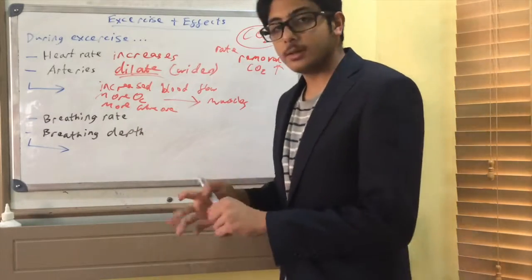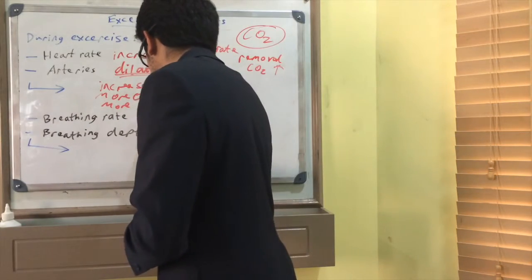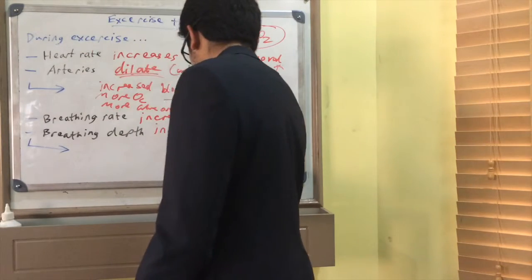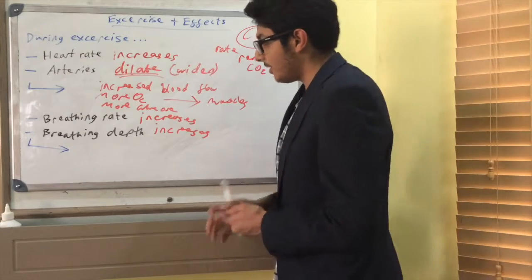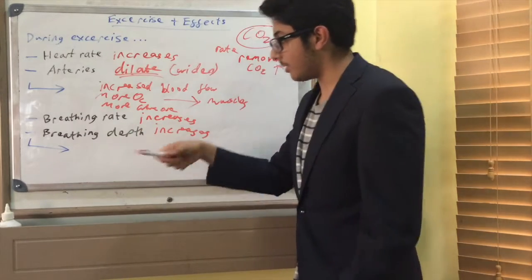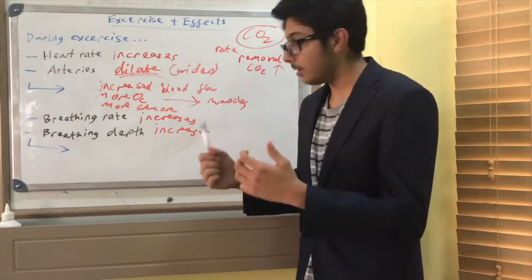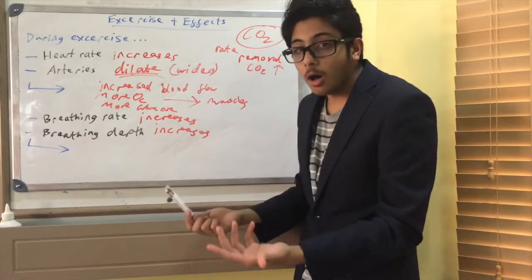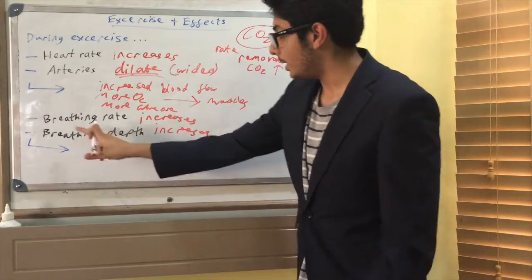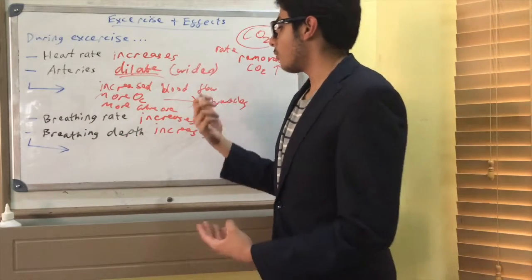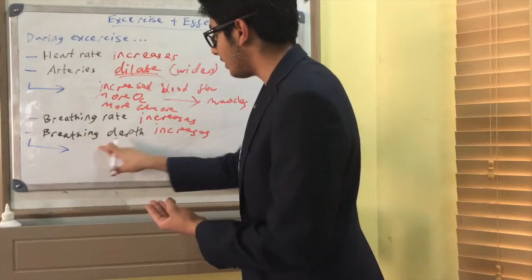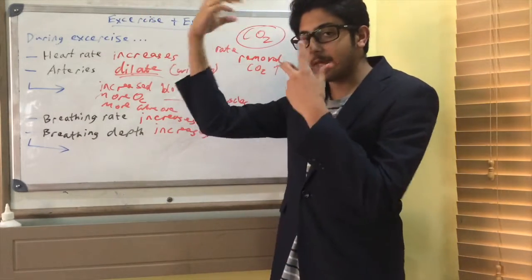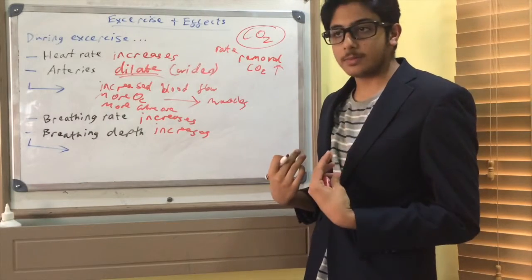Now your breathing rate also increases. And your breathing depth increases. Know the difference between breathing rate and breathing depth. Okay? So, if breathing rate increases and your breathing depth increases, that means you're getting more air, more oxygen from the air into your lungs.